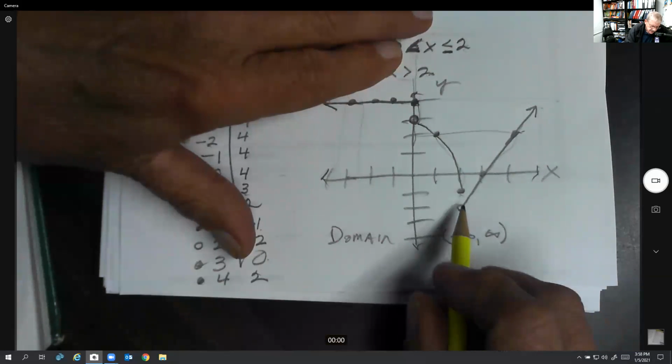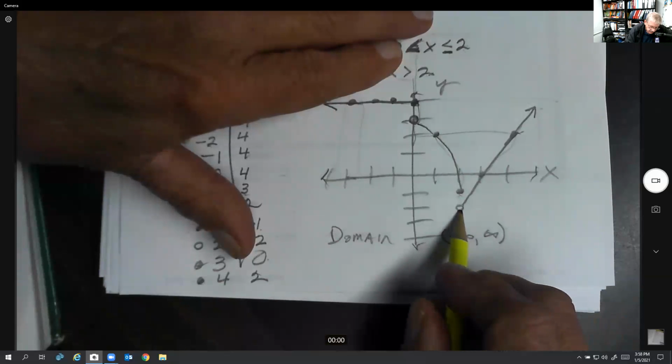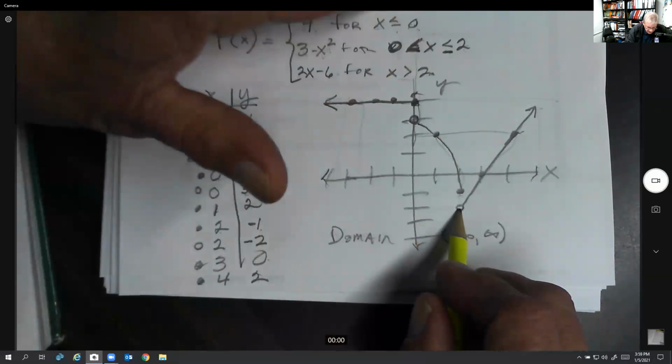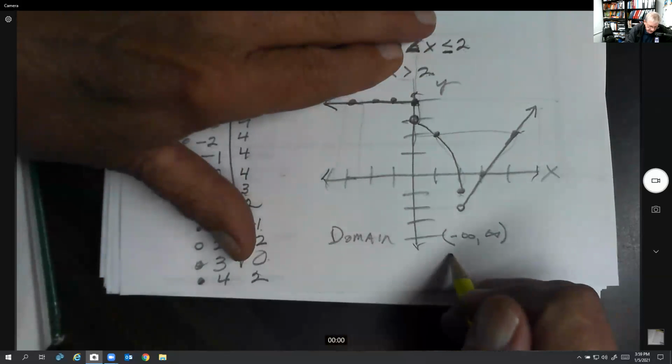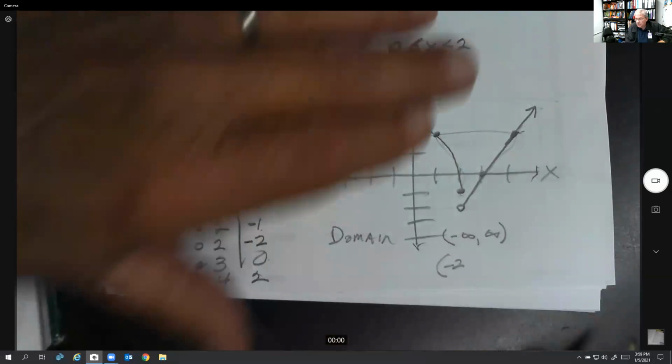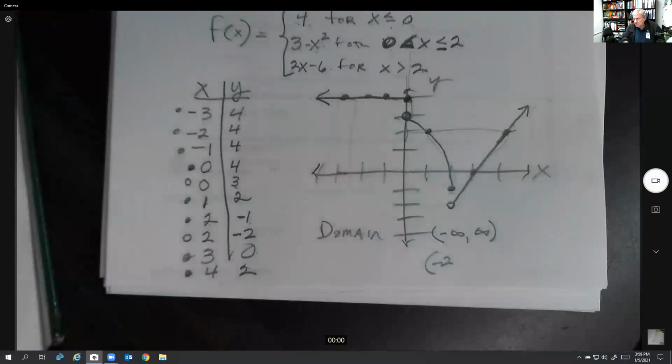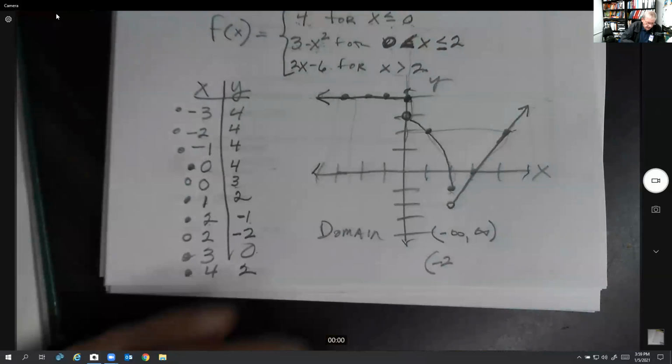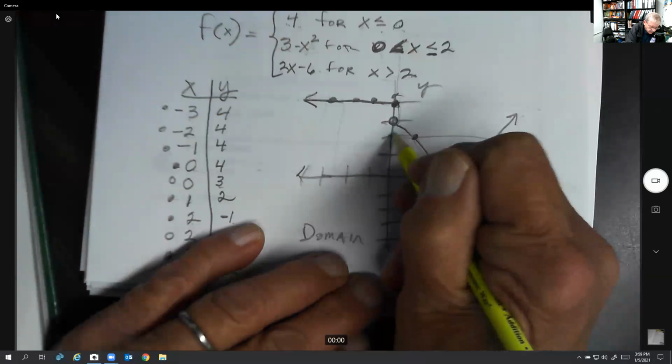But what's the lowest point it goes down to? Well, that's kind of tricky on this one, but I would venture to say it's very close to -2. It's not exactly, but it's close. So that's all we're going to do today. The range and the height would be all the way up here in 3, 4, 5, 4.